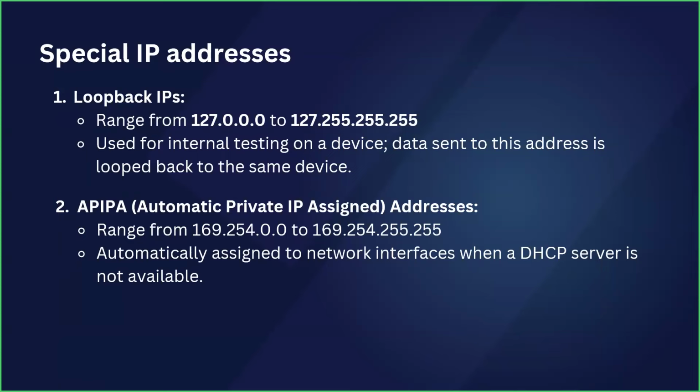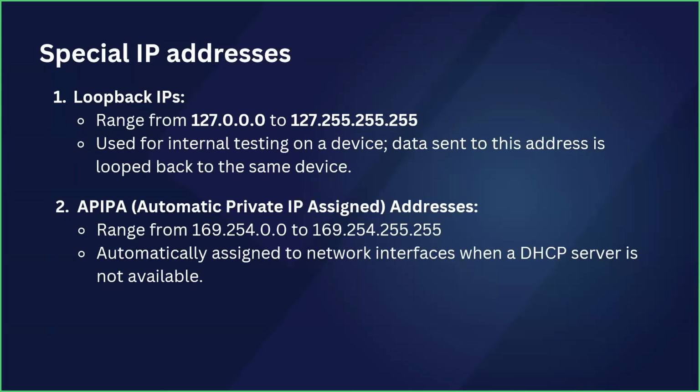Then you have the next IP called APIPA, automatic private IP addressing, and these range from 169.254.0.0 to 169.254.255.255. These are special IPs which are assigned to your system by the operating system itself. In a case where your system is unable to get an IP both manually and automatically, the operating system itself assigns an address.